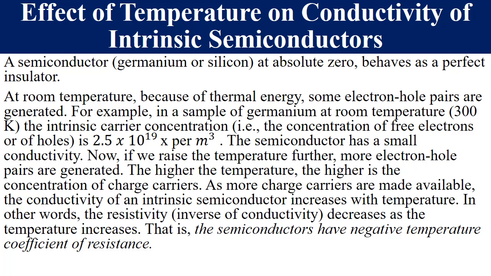This is going to avail free electrons that will lead to an increase in conductivity, because we are going to have, for example, a charge carrier concentration of either free electrons or holes of 2.5 times 10 to the power 19 per cubic meter. But even at room temperature, we still have a very low conductivity of the intrinsic semiconductor. So how can we increase it? We simply increase the temperature.